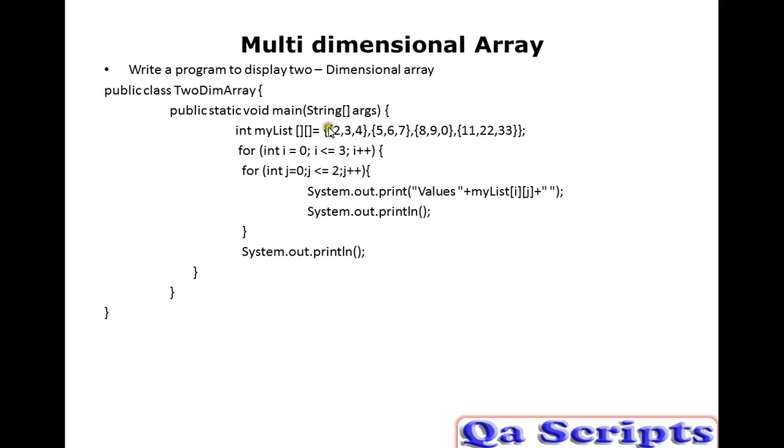Sorry, this is 1 2 3, that is 3 rows, and the columns are 1 2 3 4. So it will create a 3 rows and 4 columns array, and it will print it out.